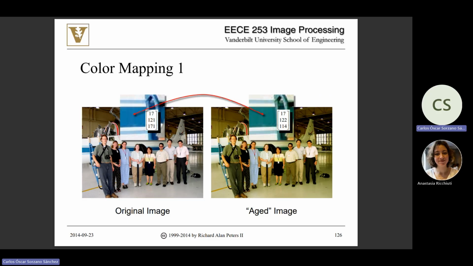And what you need are correspondences. So you need to say, okay, this color here, I want it to be this one. So you see the most important change is in the blue. So the blue channel, you are making it bigger. The other two almost stay, and the blue channel you are making it bigger.